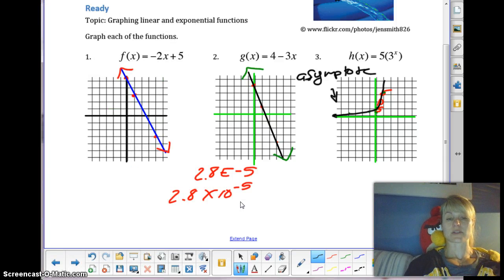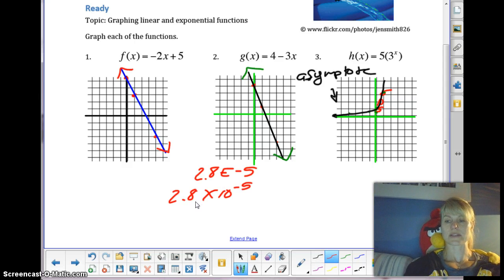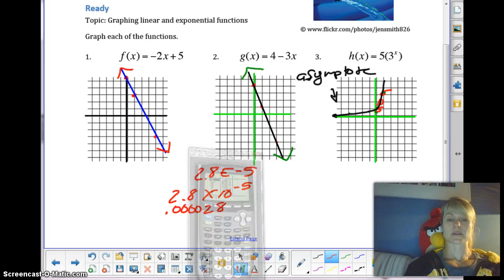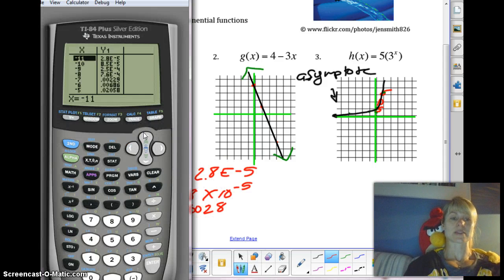And that is scientific notation, I'm trying to say, scientific formula. So remember the -5 means this goes over 5 places. So 4 zeros and then the 2 and 8. So this is scientific notation, and hopefully you remember that from last year. As these numbers are getting bigger, that E means times 10 to that number of places. And you see, we could go on forever. I won't ever reach it.